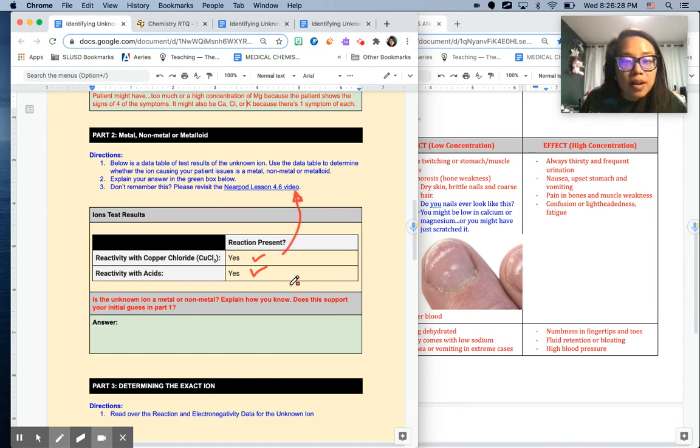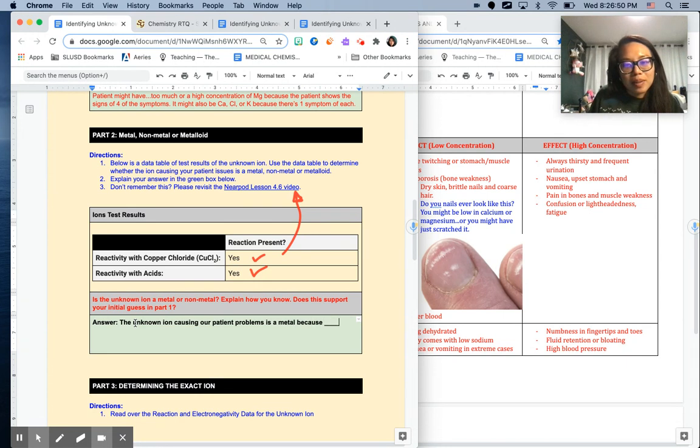So from here, I can tell that the unknown ion causing our patient problems is a metal. I'm not going to tell you why.